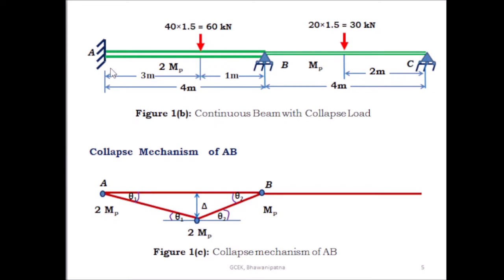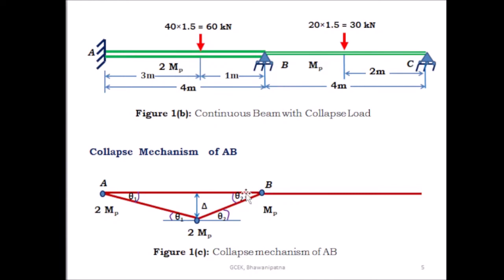Here the plastic moment capacity of AB is given as 2 MP and the plastic moment capacity of BC is given as MP. Take 2 MP at the plastic hinge at A, and 2 MP at the hinge under the load. At B take the plastic moment equal to MP, because at joint B, on span AB the plastic moment capacity is 2 MP and on span BC it is MP.